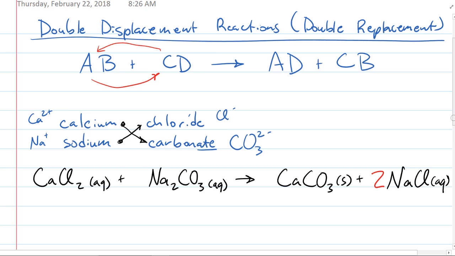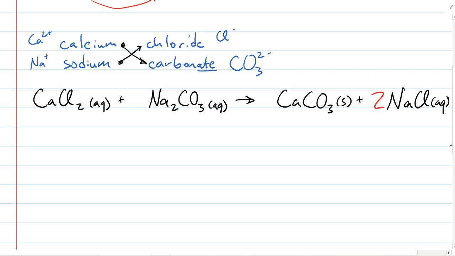All right. Let's do another one. Let's look at these two substances, and let's write out some chemical formulas. We are going to mix together some iron 3 chloride and some sodium hydroxide.